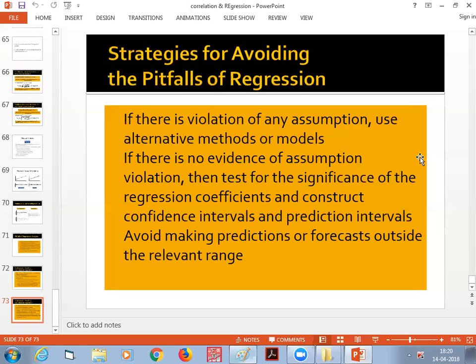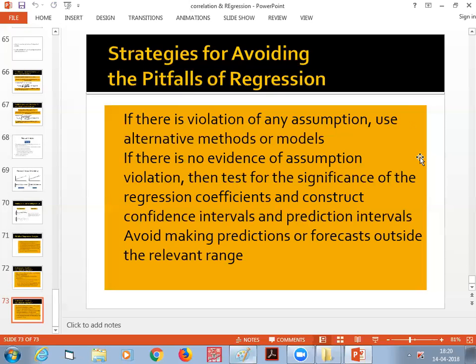In the last class I stopped at this level. In the last two classes I explained how to construct a simple linear regression model and the multiple linear regression model, the difference between them, how to estimate the parameters, how to validate the model, etc. The last part was residual analysis, which is helpful for checking the assumptions of the regression model.